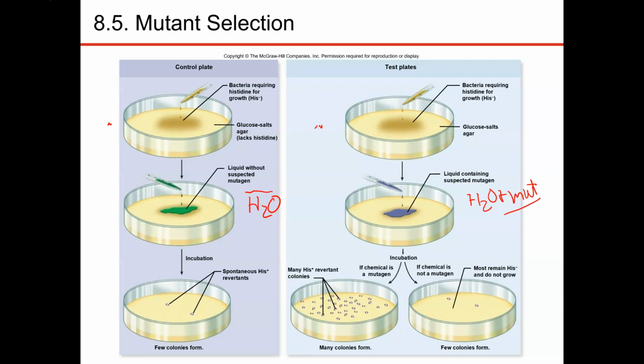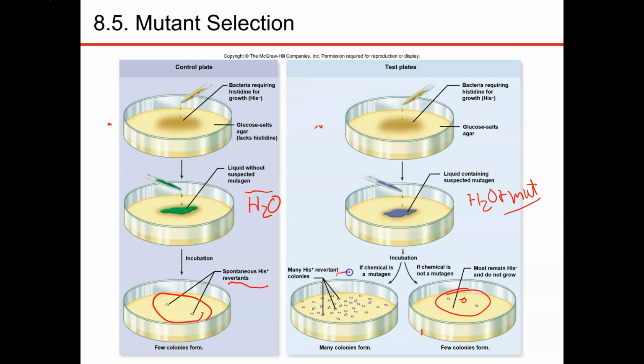So there's always that chance for spontaneous mutations occurring. So here we have that control plate has 2 colonies of Salmonella that can produce their own histidine. So if we have very few colonies growing, so there's 2 over here, there might be 3 colonies over here, it's going to tell us that this chemical is likely not a mutagen.